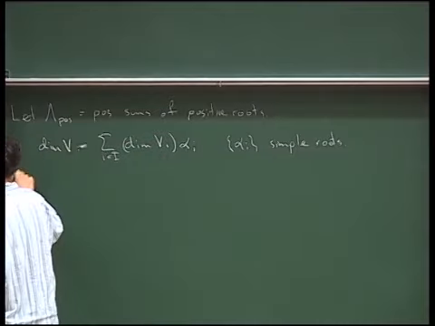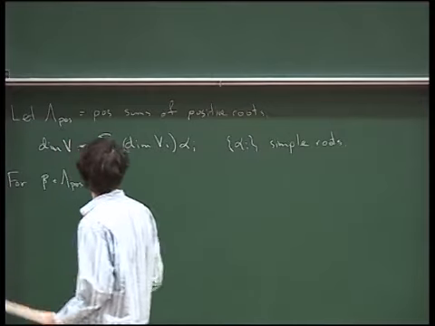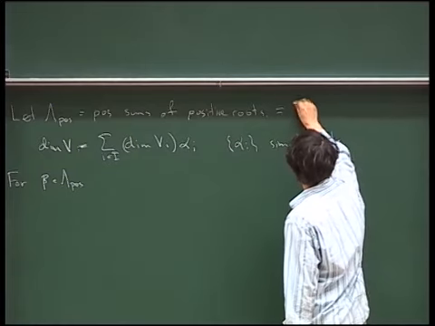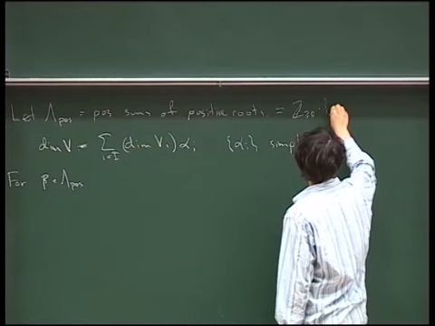Now, for beta in this Lambda pos, the Lambda pos is just the same thing as the non-negative integer linear combinations of the alphas.